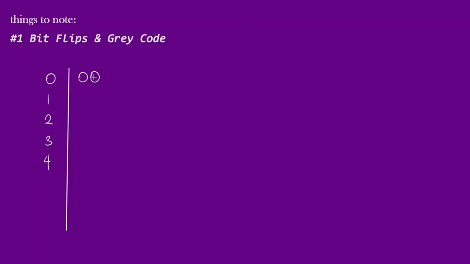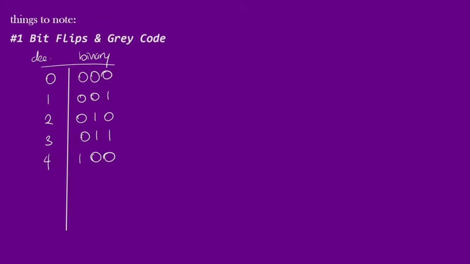That should be 000, 001, 010, 011, and 100. This is decimal, and this is binary. This is perfectly fine. It's an exact mapping of a decimal number to a binary number.